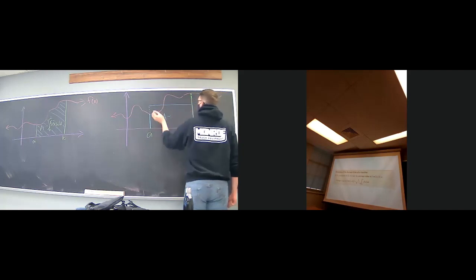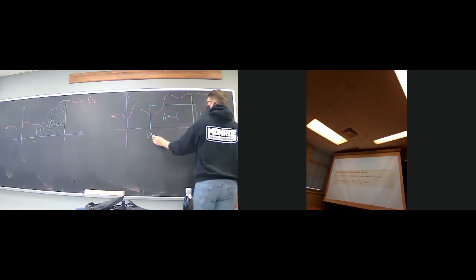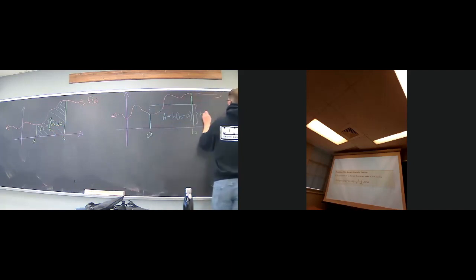let me write it another way. It's also equal to h times b minus a, right? Okay, so we know these two areas are the same. We know that h is going to be equal to the average of your function, right?